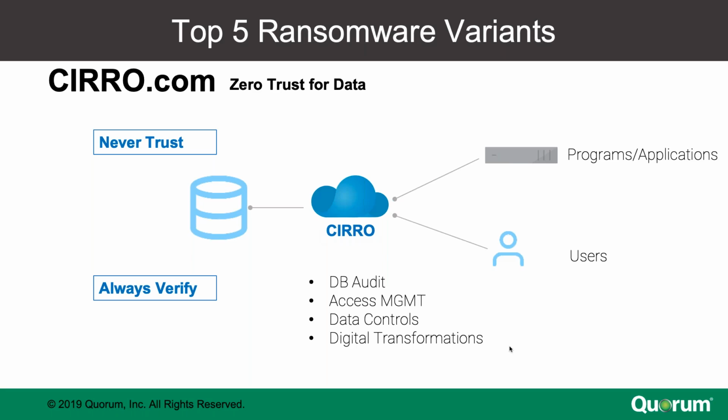Zero Trust for data allows you to deploy secure access management, data controls, meaning I can literally obfuscate and encrypt data as it leaves the database, ensuring that not only ransomware doesn't have a chance, but there won't be a data breach, right? I can literally make sure that social security numbers in my database do not go outbound unless they're going to a trusted and verified source.